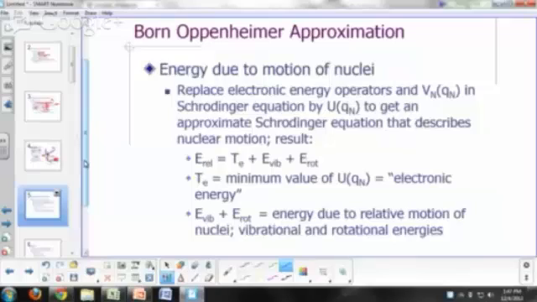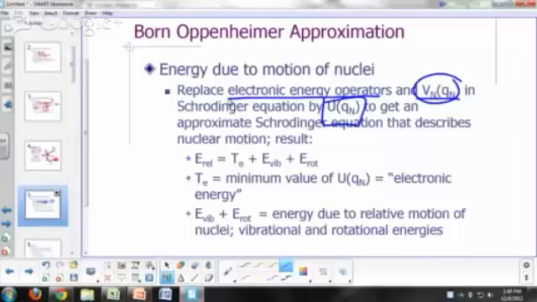What we do is we replace the electronic energy operator in our Hamiltonian, the kinetic energy operator and the potential energy operator for your electronic energy, and the potential energy of interaction between the nuclei, by this potential energy term.